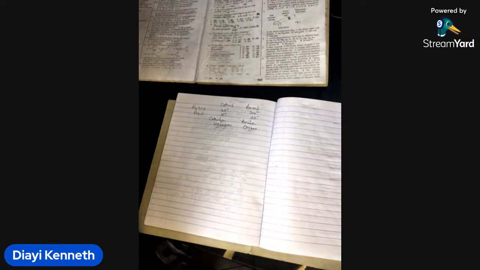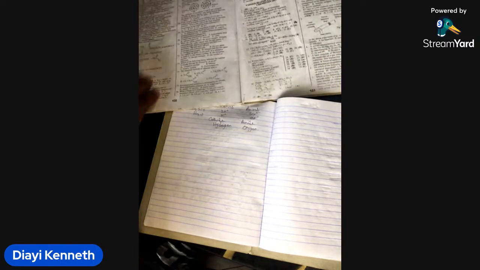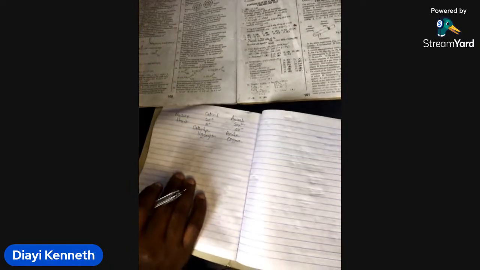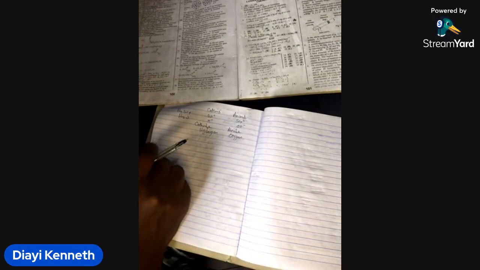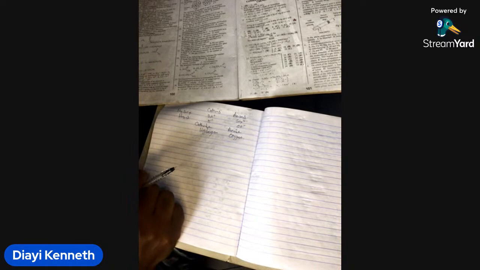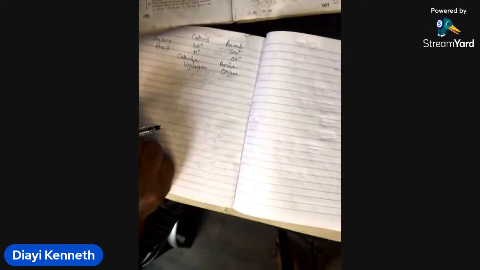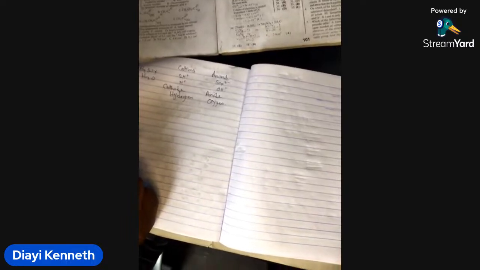All right, number 15. There is an equation of reaction: P gas plus Q gas gives 3R plus S gas, a reversible reaction. Change in heat is negative. Which of the following will increase the yield of R?